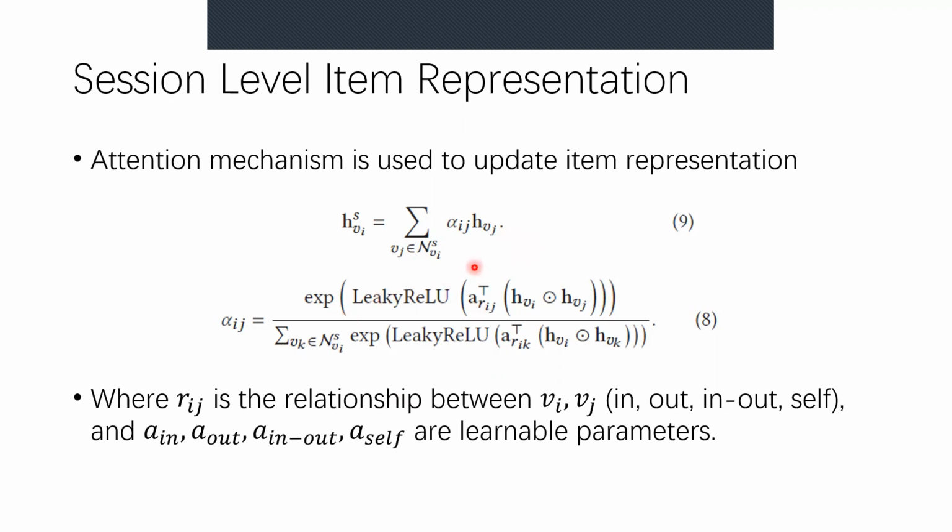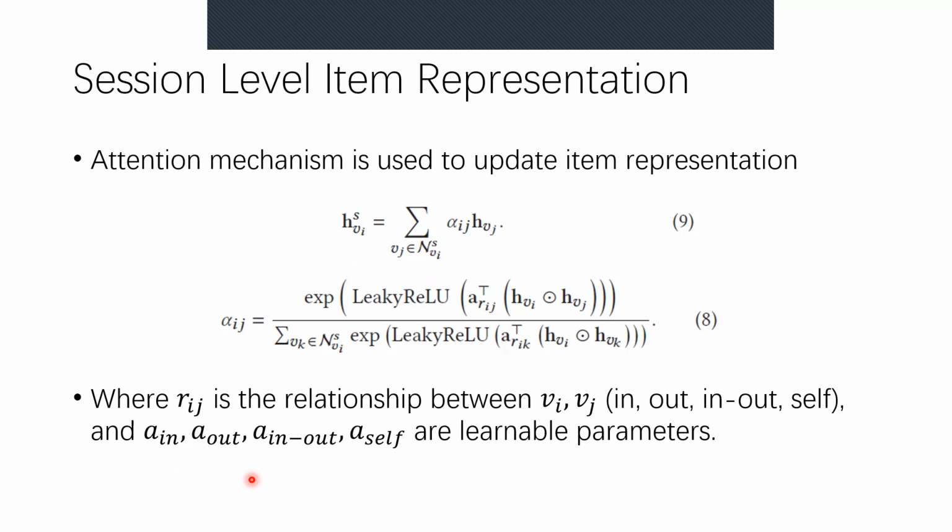And here alpha ij is the attention score, defined in this way. Here rij is a learnable parameter, and it corresponds to the edge type between Vi and Vj. So it can be in, out, or self. And for different edge types, it has its own learnable parameters.